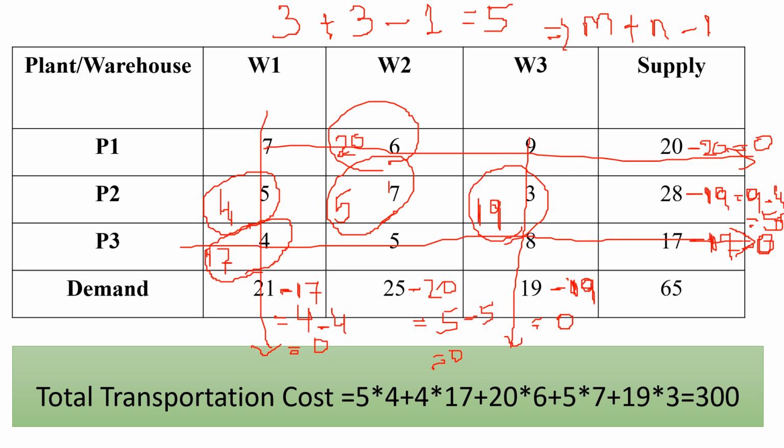Suppose anyone asks how many basic cells will form in the northwest corner method or least cost method of the transportation model, you just do m plus n minus 1. That formula you have to remember, to understand how many occupied cells you will come across in different types of transportation models, mainly in the least cost and northwest corner methods. That is the answer you have to pick.